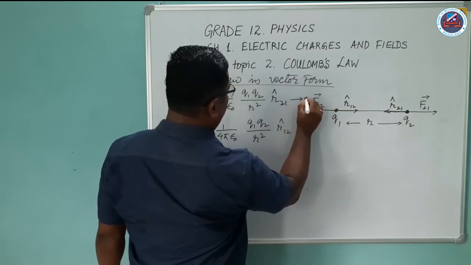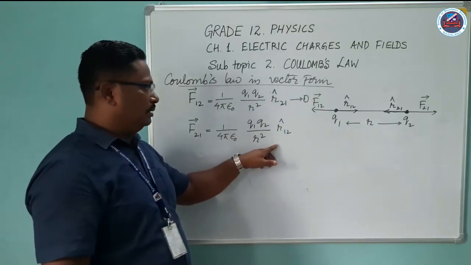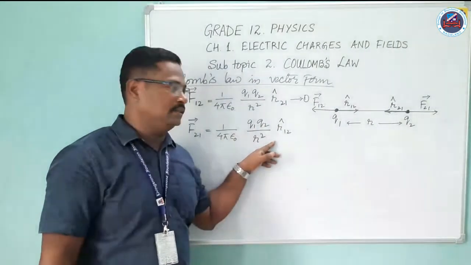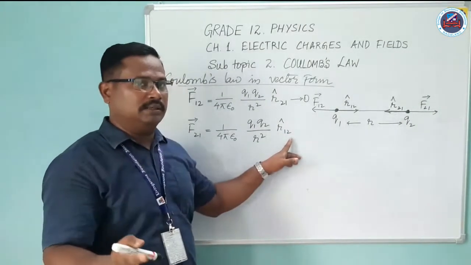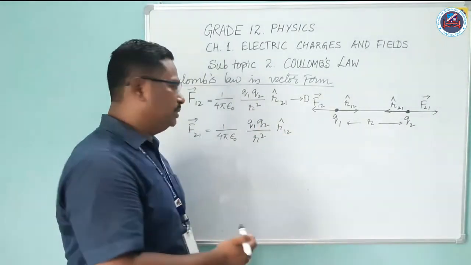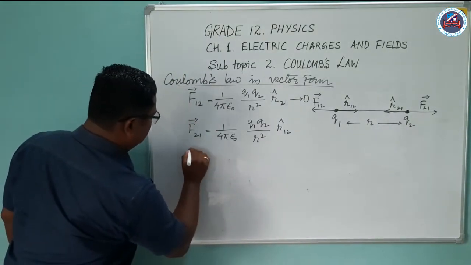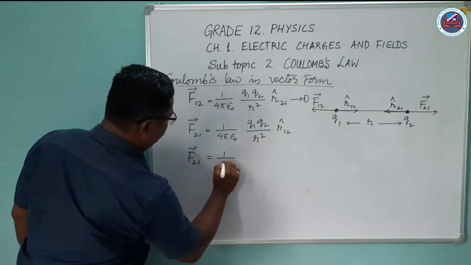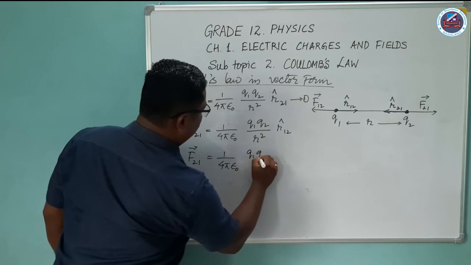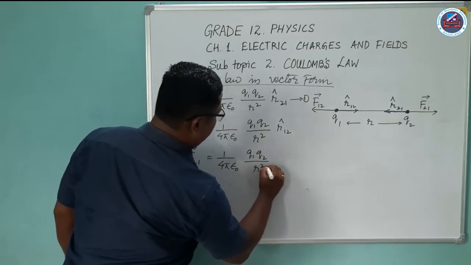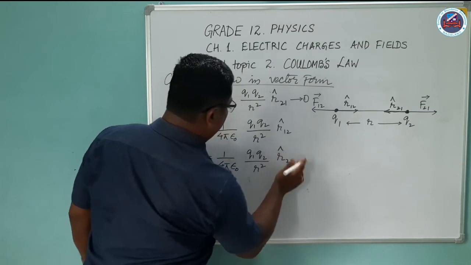The first one I am taking as equation number 1. To make the direction equal, as we have learned in vectors, this unit vector R12, if I make it R21, then the direction will change. So this second statement, if I write 1 by 4 pi epsilon naught Q1 Q2 divided by R square with R21, then the direction has changed.